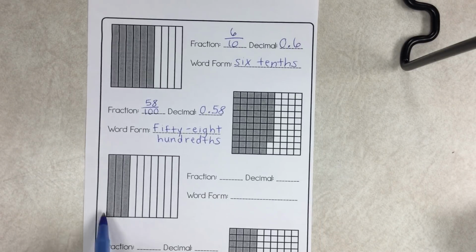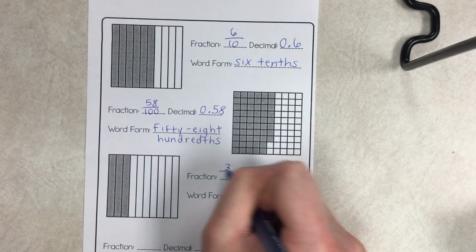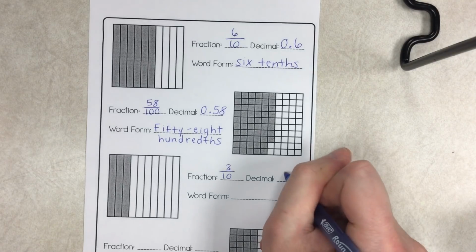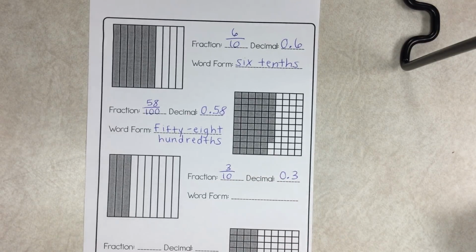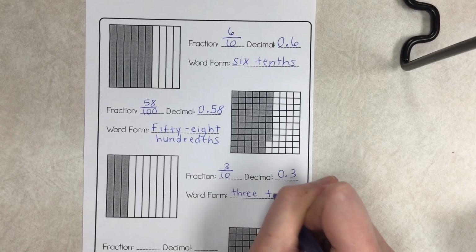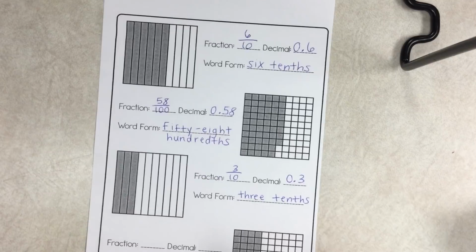Next model, we can see the part we're focusing on. There are 3 shaded parts out of a total of 10 parts, 3/10. As a decimal, it would be 0.3 or 3/10. In word form, we write 3/10.